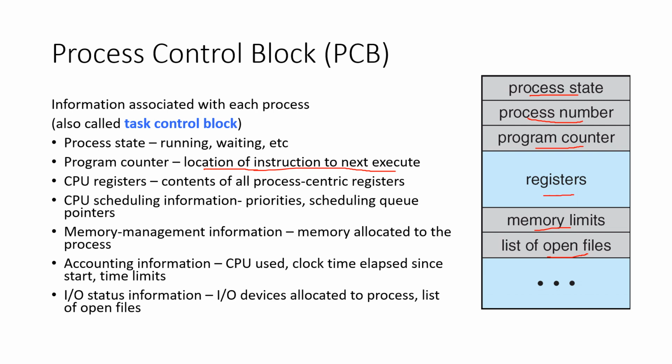Next we have CPU registers. The CPU registers contain information of what data is stored in the CPU registers while the program was in execution state or in running state. So you already know that the CPU has 32 registers, and in these registers we keep the information that we want to keep handy when the CPU wants to execute the instructions.